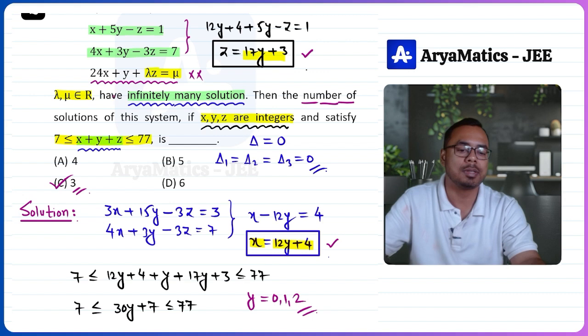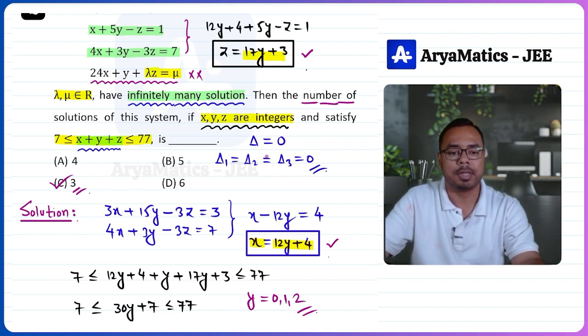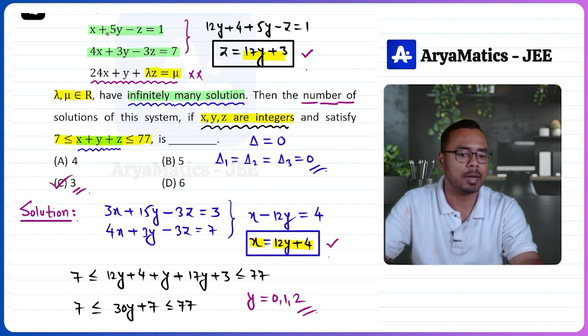Now in most of the solutions you will find that they first try to calculate lambda and nu using these conditions for infinitely many solutions. But there is no need to calculate those things. You can directly start with equations 1 and 2, because if we have infinitely many solutions, then plane 3 is passing through the line of intersection of planes 1 and 2, and that means plane 3 will not give us any independent equation, right?